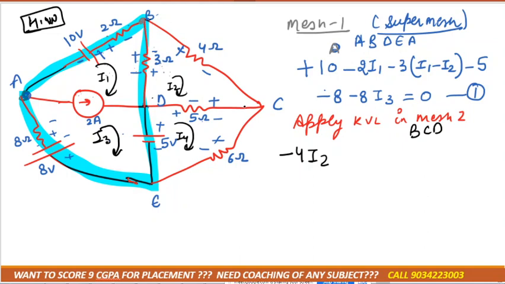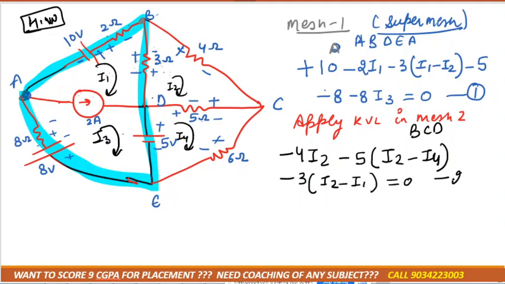B to C, minus 4I2. C to D, then it would be minus 5, and as you can see, 5 ohm is in the middle wall, so it would be I2 minus I4. D to B, second sign is minus 3, and this is also the middle wall between I2 and I1, so it would be I2 minus I1 equal to 0. Whatever mesh you are in, that current would be positive and the other mesh's current would be negative. Clear?